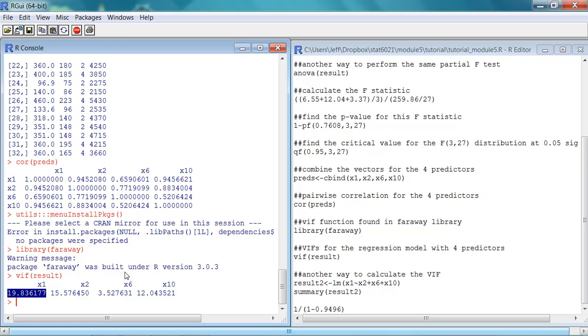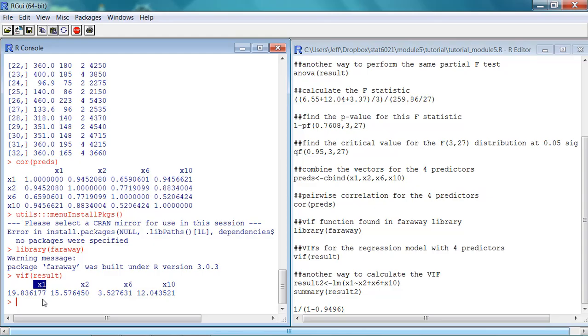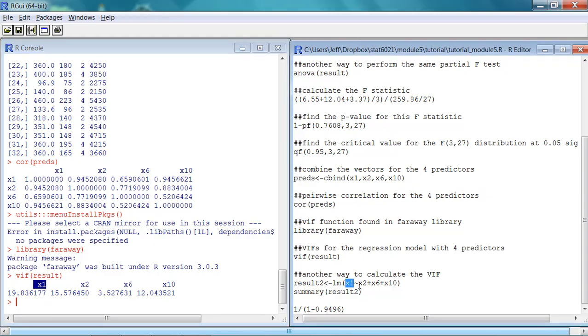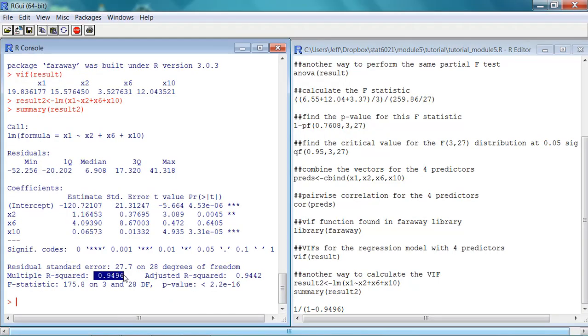The last thing I want to talk about is to show how you could calculate the VIF if you didn't have the function. If you want to calculate the VIF for, say, the first predictor, what you could do is use that first predictor as the response and regress that against the other 3. So I'm going to regress that and store that inside result 2, and take a look at the multiple R square associated with this regression.